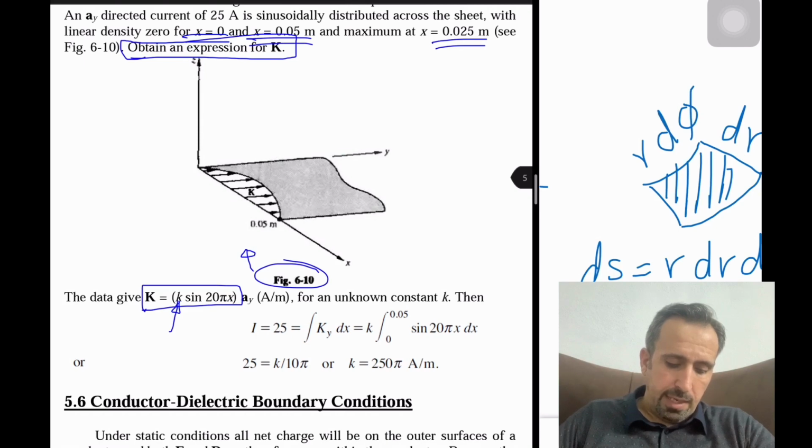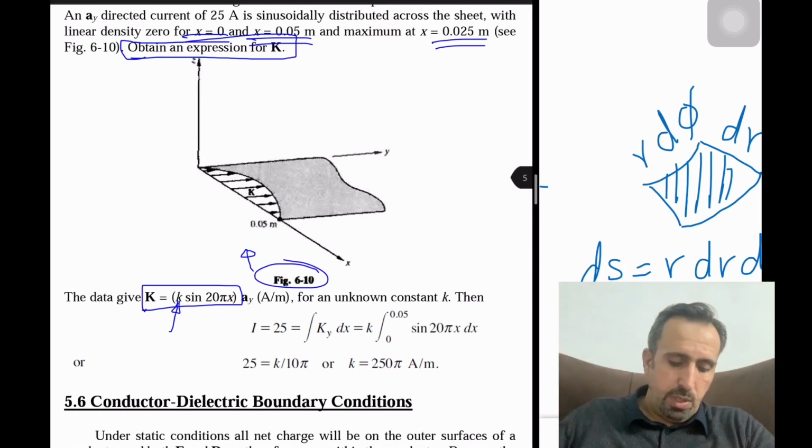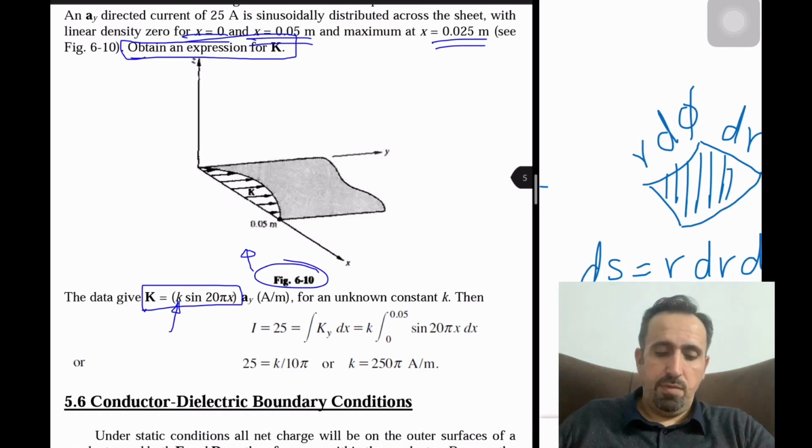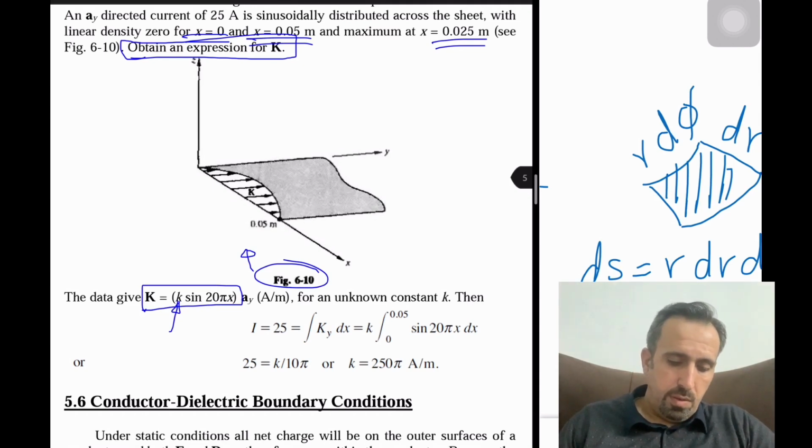20 pi x comes from the sinusoidal distribution of the function, so you can calculate its period by thinking about 2 pi f multiplied with x, and f equal to 1 over T, but you don't have T here, T representing the length of the period of the cycle. Here you have half of the period being given to be 0.05 meter.